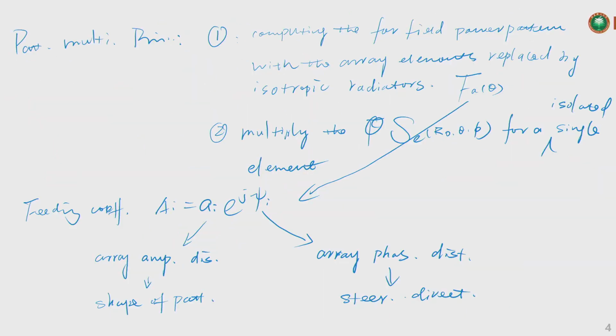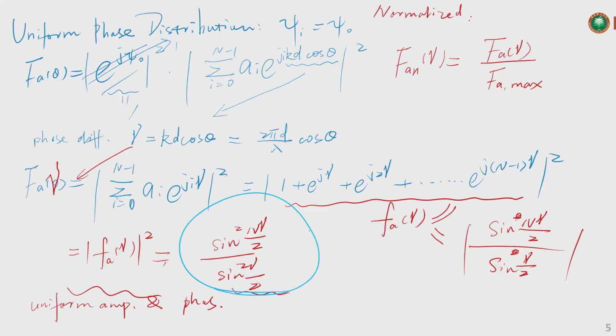So from here, theta equals 90 degrees, this part equals 0, alright?